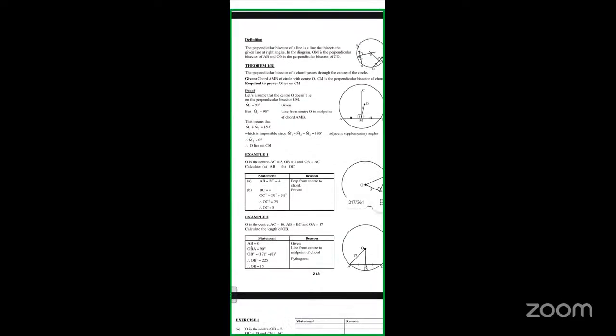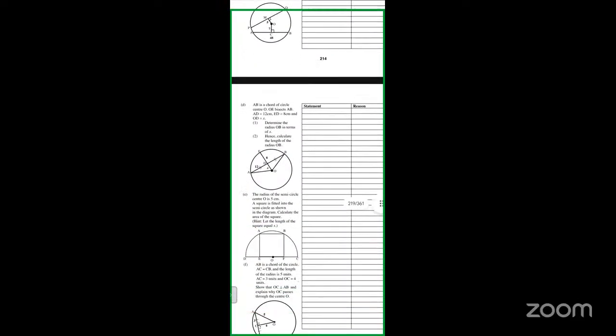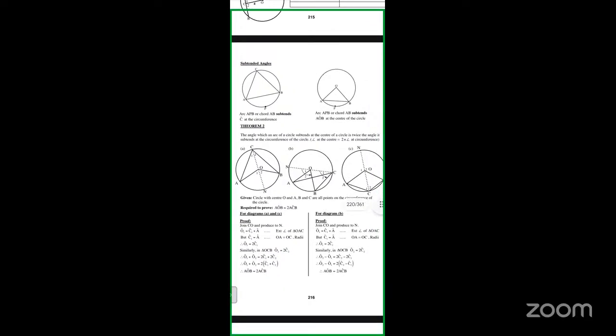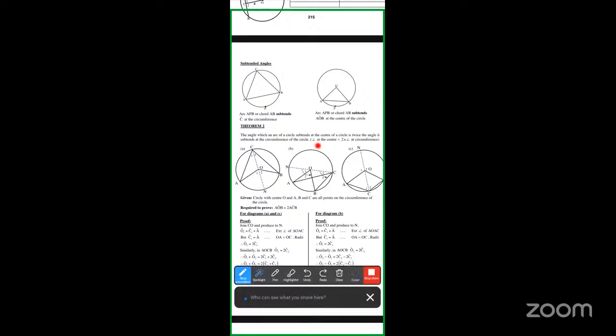Then we can move to theorem 2 right here, which just states that an angle at the center is 2 times the angle at the circumference.